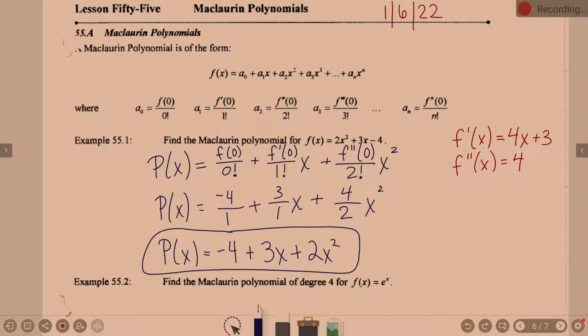Now, keep in mind, what's the Maclaurin polynomial doing? It's writing a polynomial for the given function. In this particular example, our given function was a polynomial, those individual terms added or subtracted together. So, not the cosines or the e's, but just your basic x to a positive power.